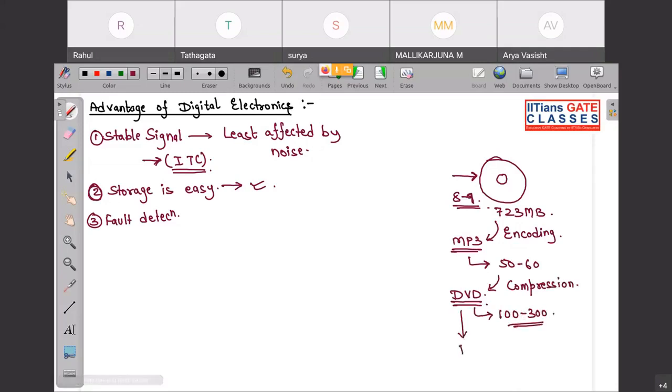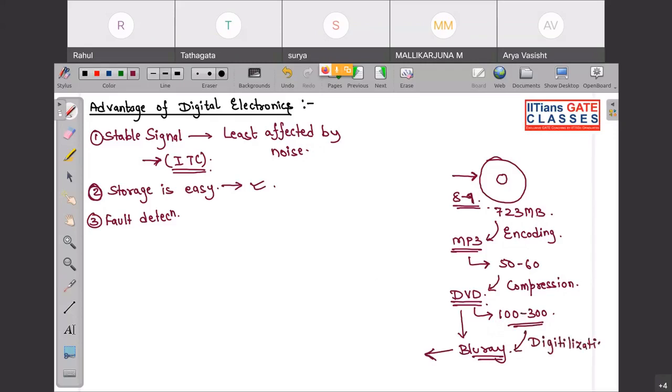Then came Blu-ray disc. Here we had a very high level of compression and encoding, as well as very good quality songs or videos. And here we had digitalization also.